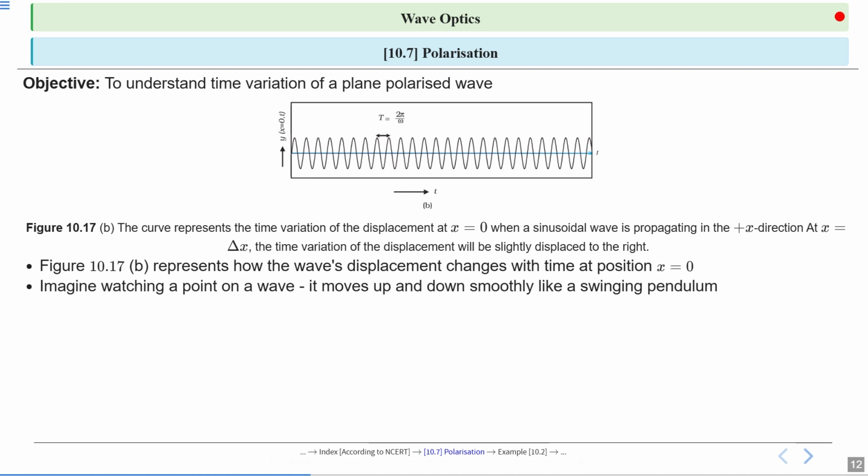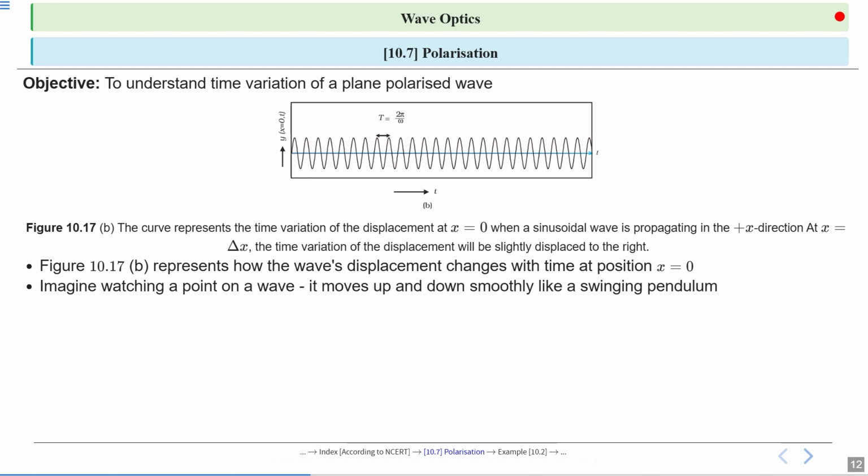Now, imagine that you are watching a point on the wave. It moves up and down smoothly, much like a swinging pendulum. This motion is continuous and rhythmic, which is a fundamental property of waves.